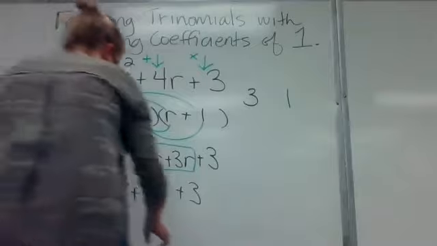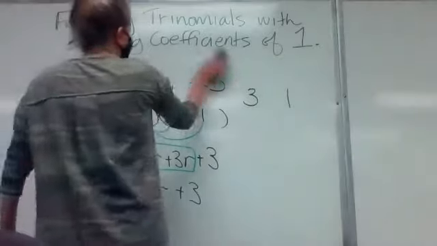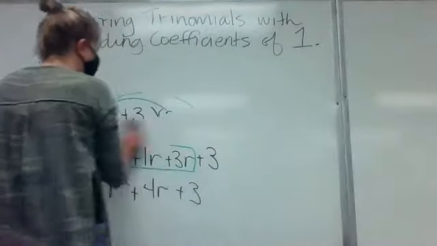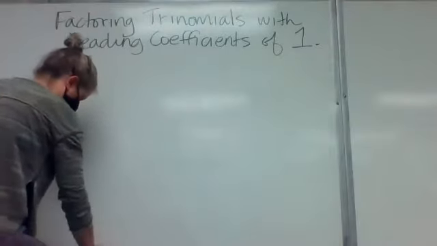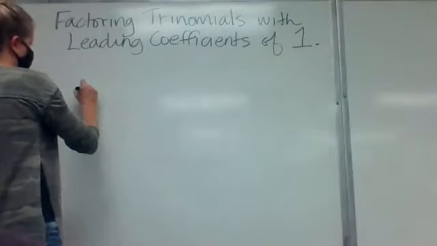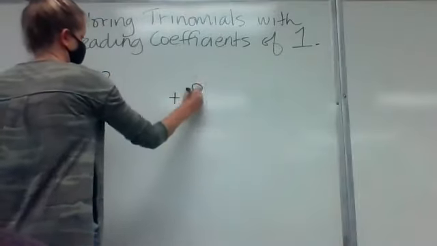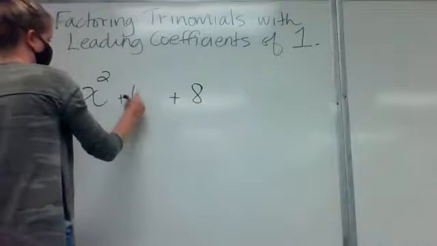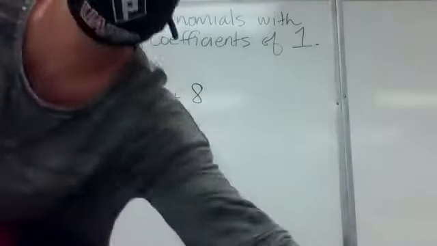Let's do a couple more with simple numbers like this before we get into numbers that are more difficult. I want you to get used to doing signs, finding factors. So let's try another one. X squared plus 6x plus 8.